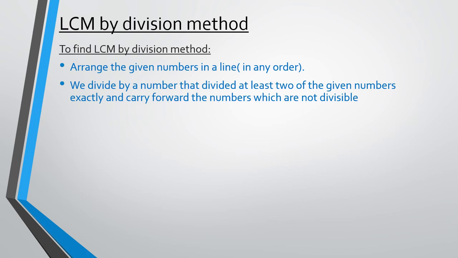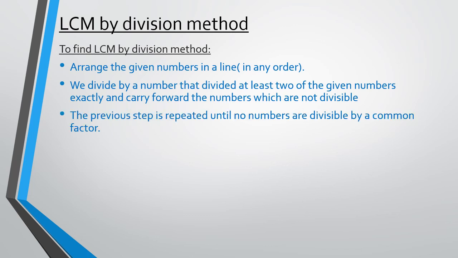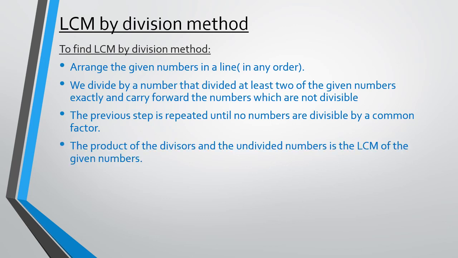And we carry forward the numbers which are not divisible to the next step. We'll keep on repeating this step until we factorize all the numbers. And then we need to find the product of all the divisors and also the undivided numbers, and that product will be our LCM. Let's see an example, children.